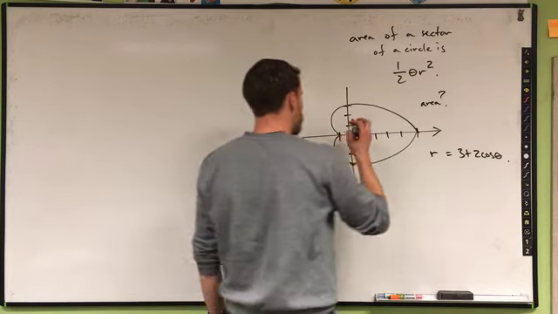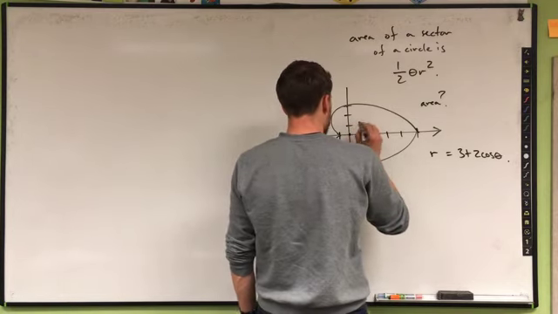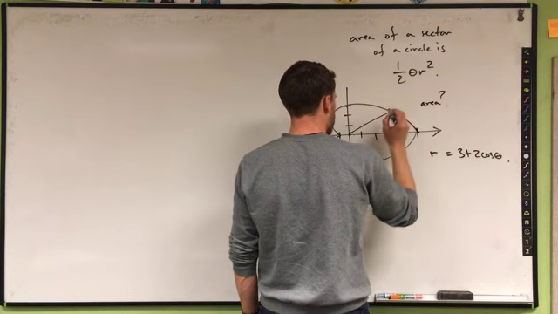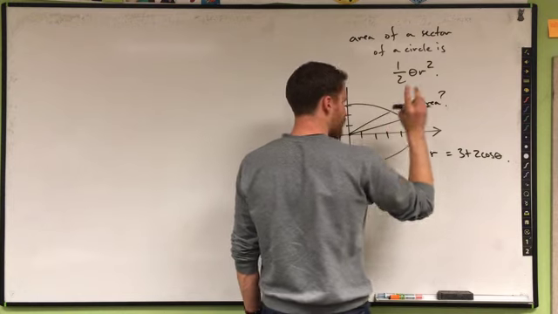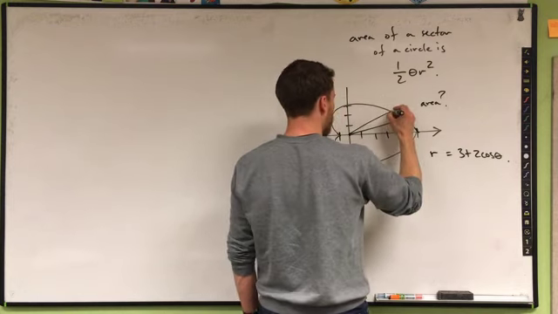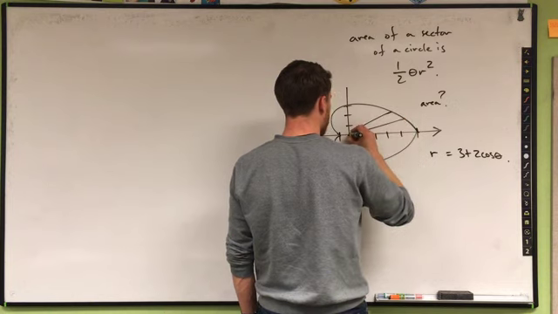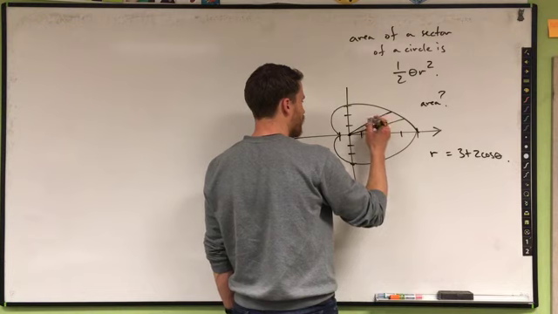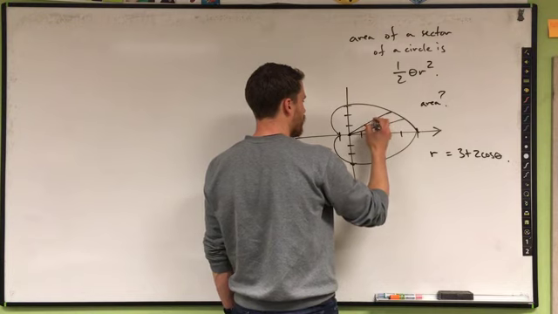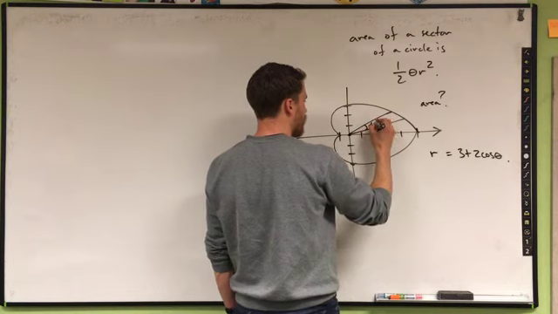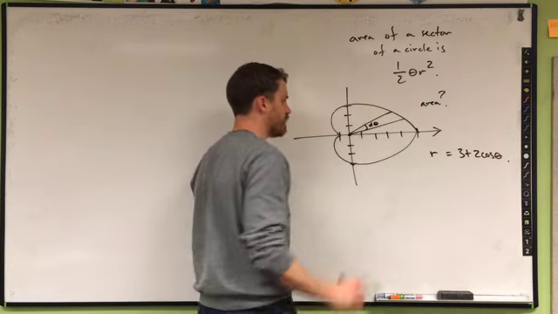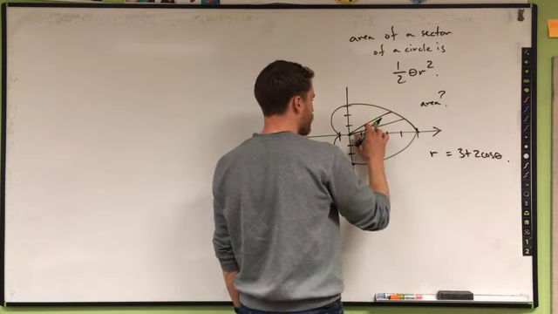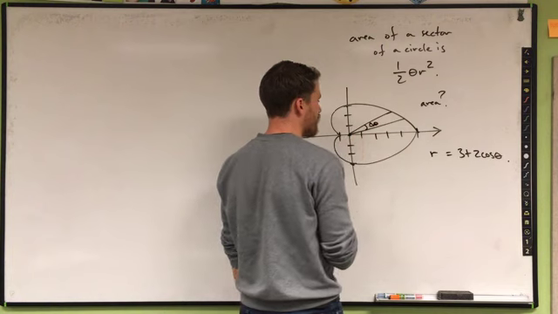Well, thinking about it, let us think about one little sector of this cardioid. So let's say that we've got some angle here, d theta, a little change in theta. We can make it delta theta. It's an actual change in theta.